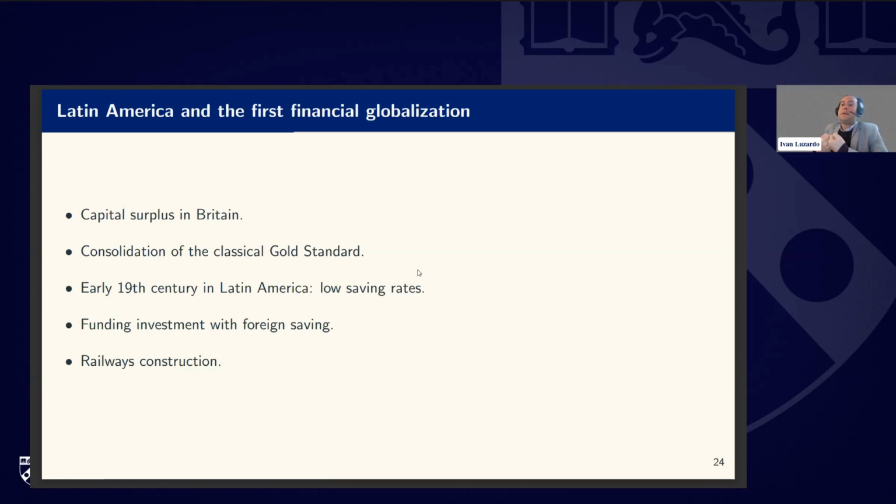very costly infrastructure projects like railroads was via foreign investment. So there was not just the liquidity, the supply of credit, but also the demand for credit. Foreign investment was a way to overcome this constraint of low saving rates.